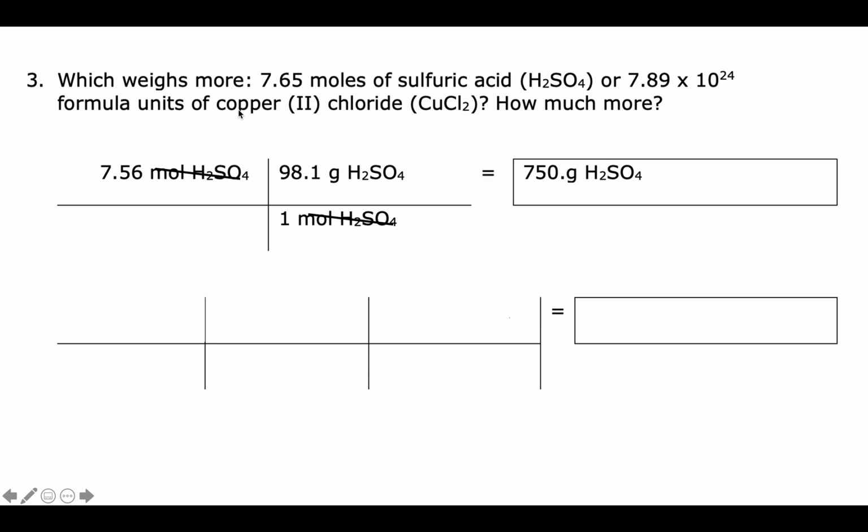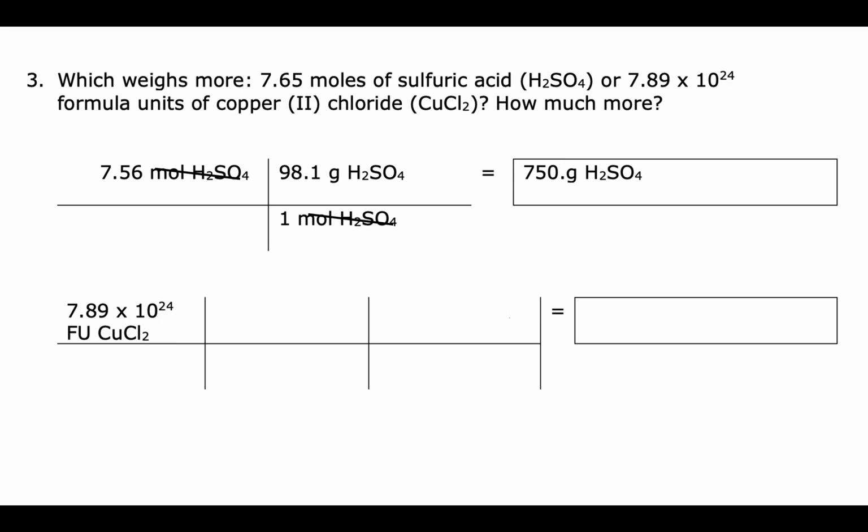Now we have to figure out the mass of the copper chloride. So we put that many formula units of copper chloride there, and now we need to go from the number of particles to moles, which will involve Avogadro's number, 6.02 times 10 to the 23rd per mole.